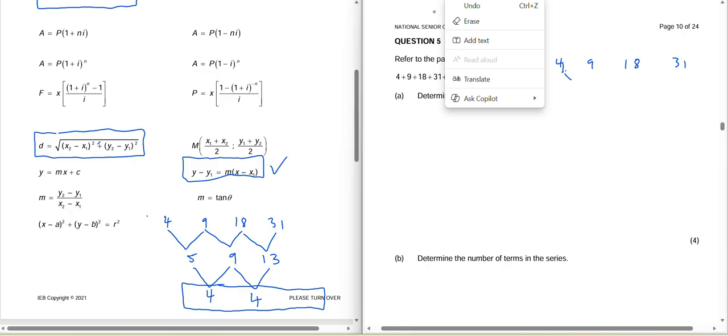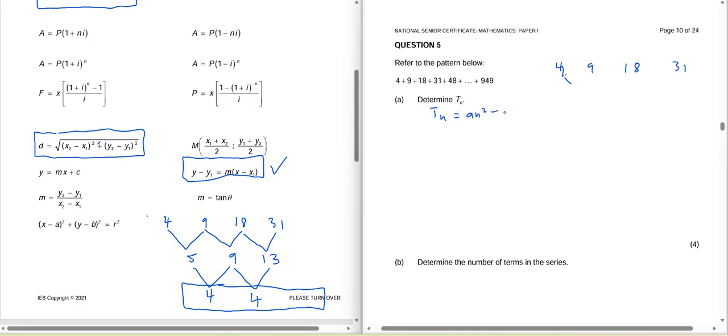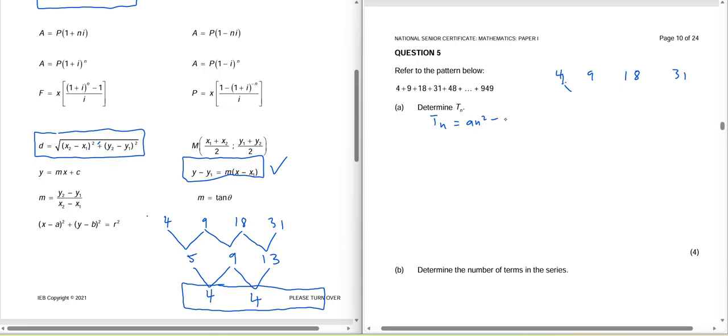Tn is equal to an squared plus bn plus c. That is the general structure of this one, right?